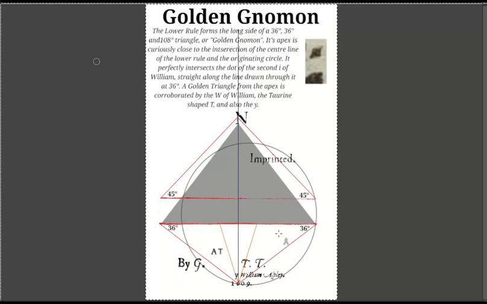Now the upper rule, as defined by the circle and as on the page, is noticeably smaller than the lower rule, and it should be a little bit more short on this side than it is on that, and that means that the center line, vertical center line of this isosceles triangle will be a little bit to the left, and indeed it is.